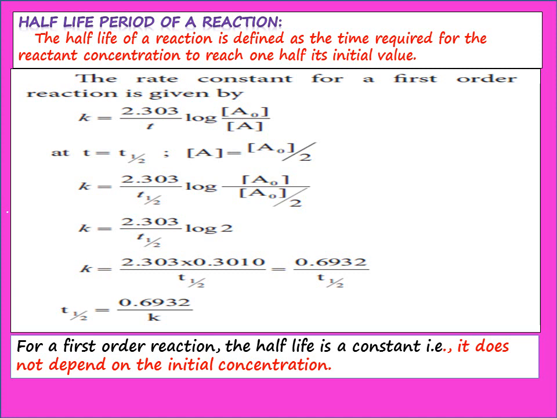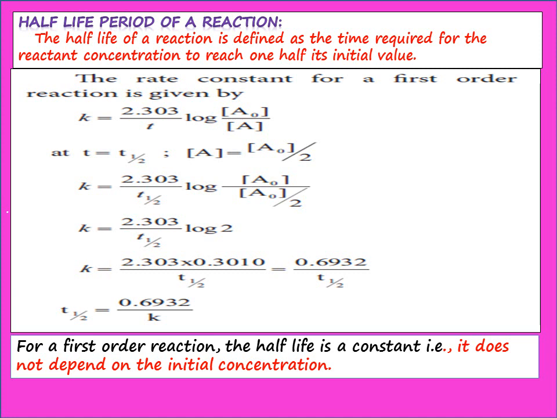In this equation, if you see, the half-life period equation does not have any value of A or A naught. A naught is not specified in this equation. That means the half-life period of a first order reaction is independent of initial concentration.